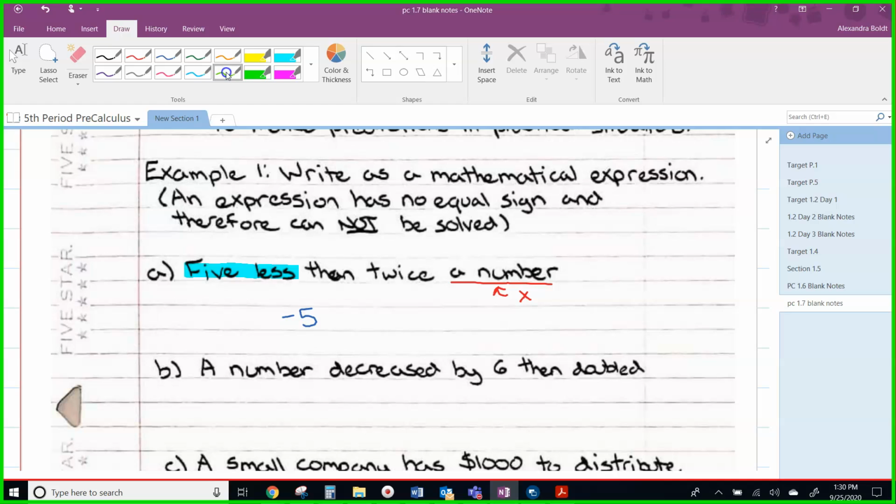But I'm going to be subtracting 5 from twice that number. So twice is 2x minus 5. I took twice the number and then I subtracted 5 from that.